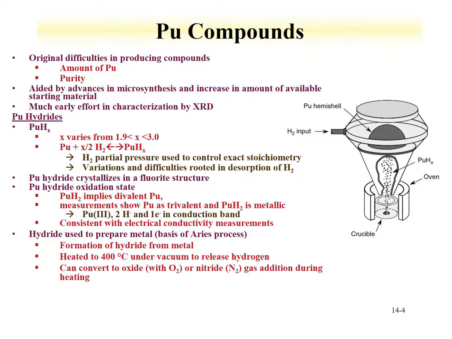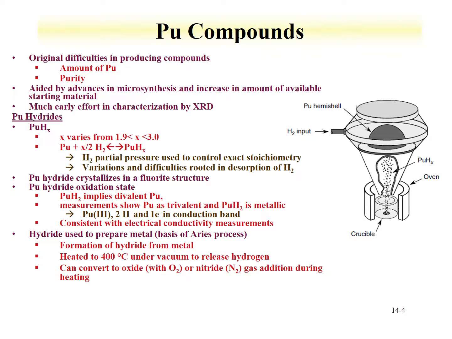There are some variations in the synthesis, and some of the difficulties in producing the material, characterizing it, or understanding the exact phase diagram are based upon the fact that the hydrogen can desorb from the plutonium hydride. The plutonium hydride has a fluorite structure, and if we have something like PuH2, this would imply that plutonium is divalent.